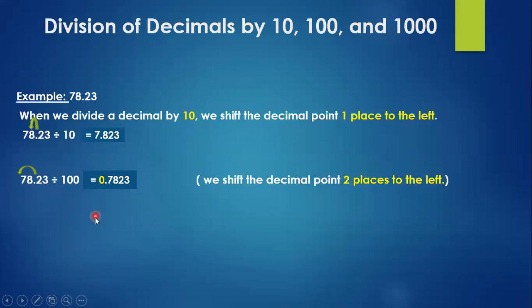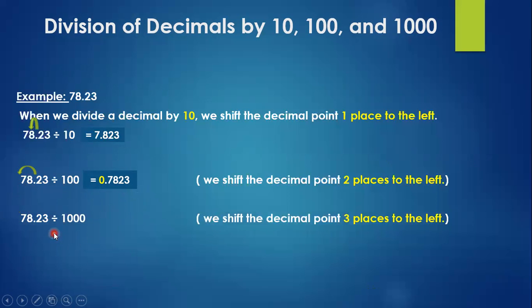Okay. So when we divide a decimal by 1000, we have to shift the decimal point three places to the left. When we shift this decimal, 1, 2, for the third place there is nothing, so we have to take a 0 here.